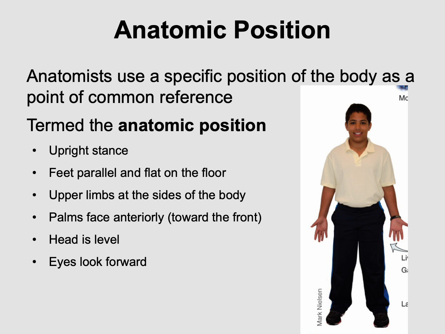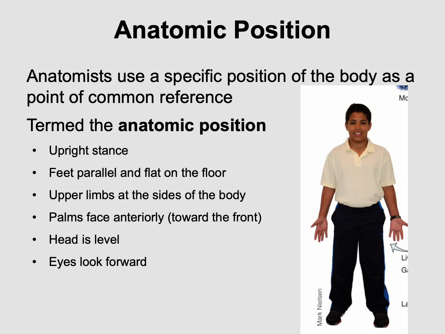Anatomists agreed on using a specific position to reference the body and patients, and this position is known as the anatomic position, or anatomical position if you've taken other classes. Anatomic and anatomical are interchangeable terms. The anatomic position can be seen in this picture of this guy.